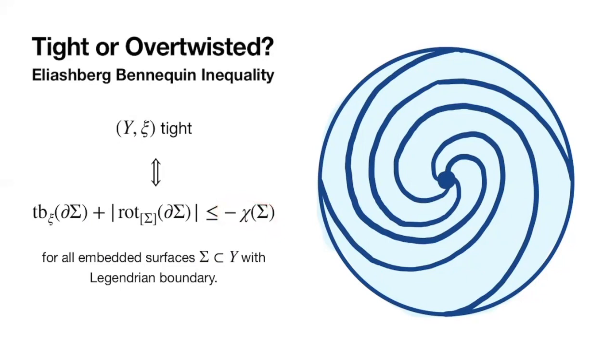So this is what it means to be tight. The other thing you can be is over-twisted, and you're over-twisted if you contain an over-twisted disk.